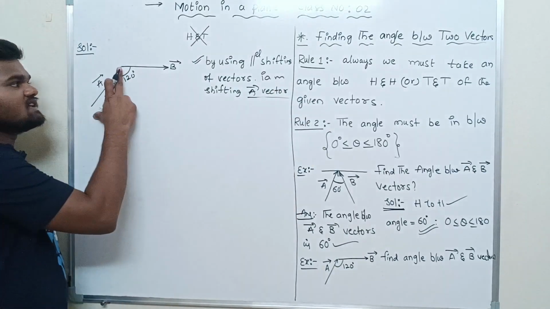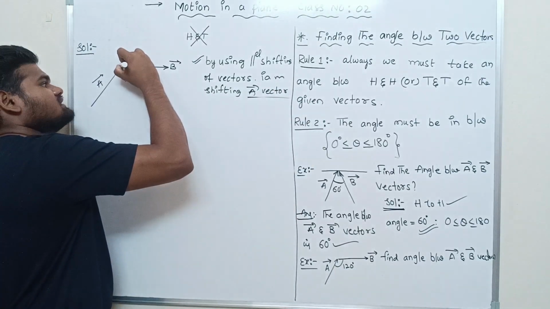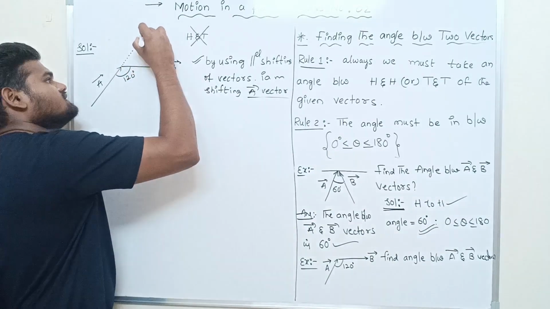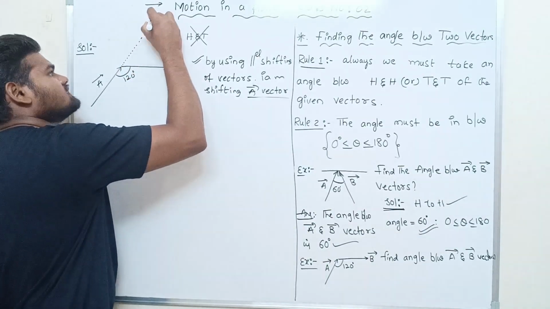Have a look. This is the a bar vector. I am just shifting it like this.